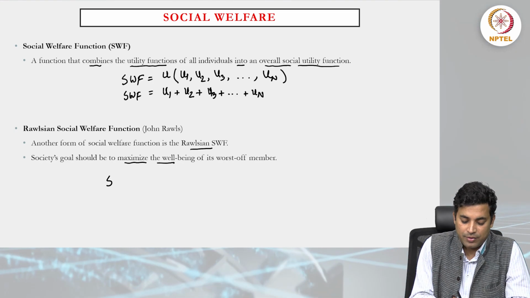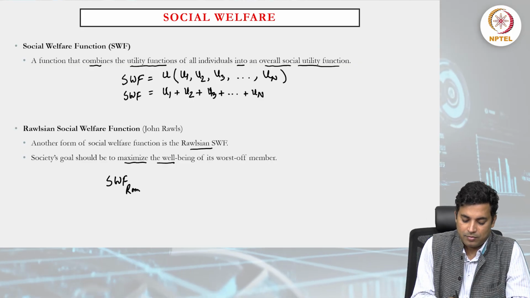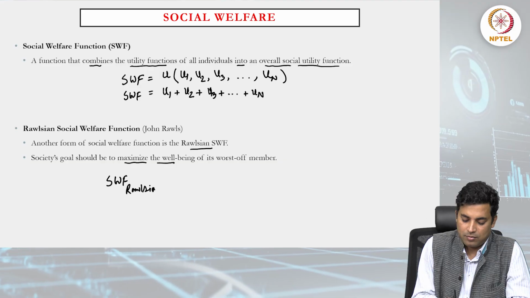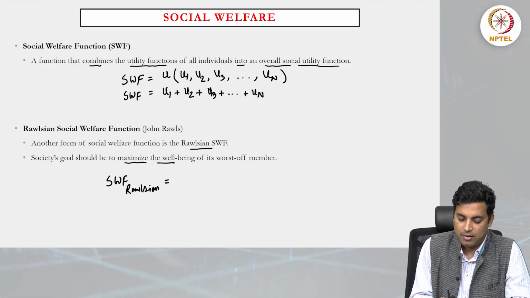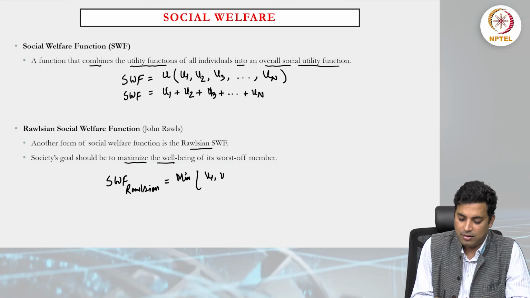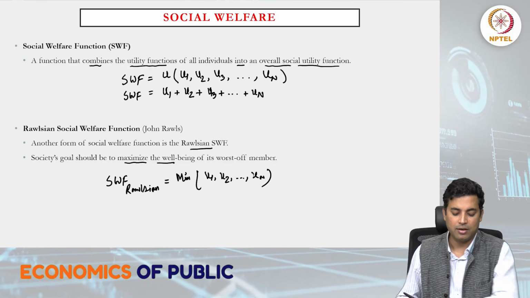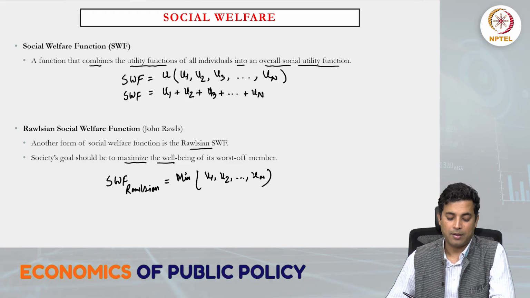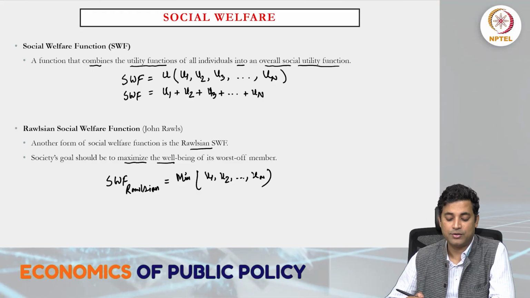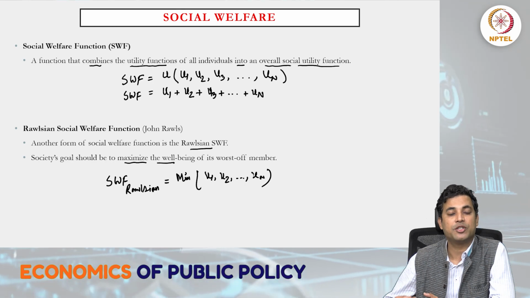So in the Rawlsian social welfare function, we can write that if this is Rawlsian, then we have to look at the utility function of the well-being of its worst-off members. It is all about the trade-off.